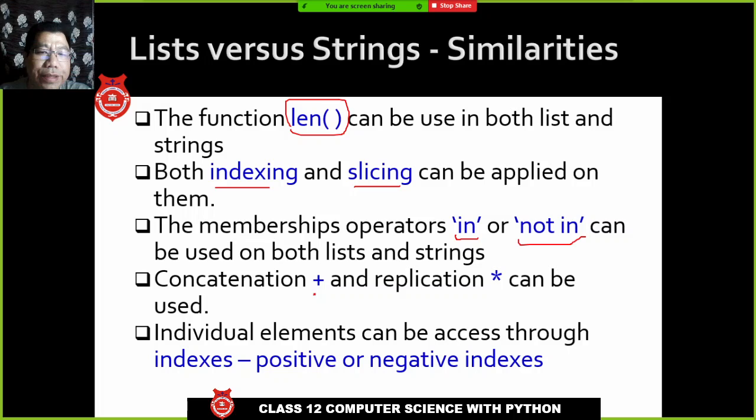The concatenation operator plus and the replication or repetition operator, the star symbol, can be used in both strings and lists. We can also access individual items through indexes. It may be positive index or it may be negative indexes.